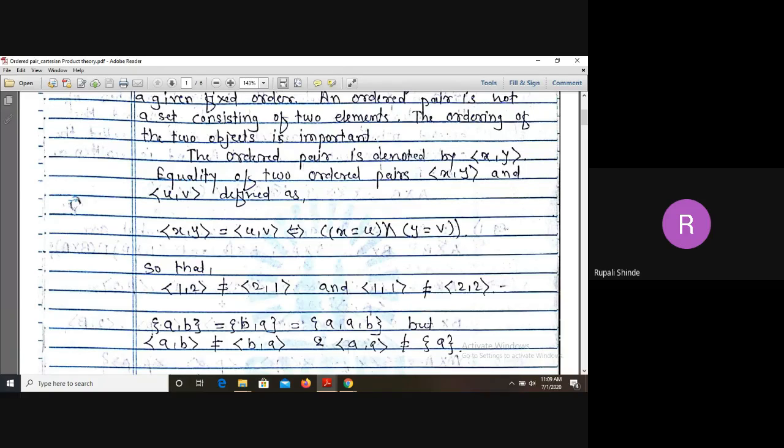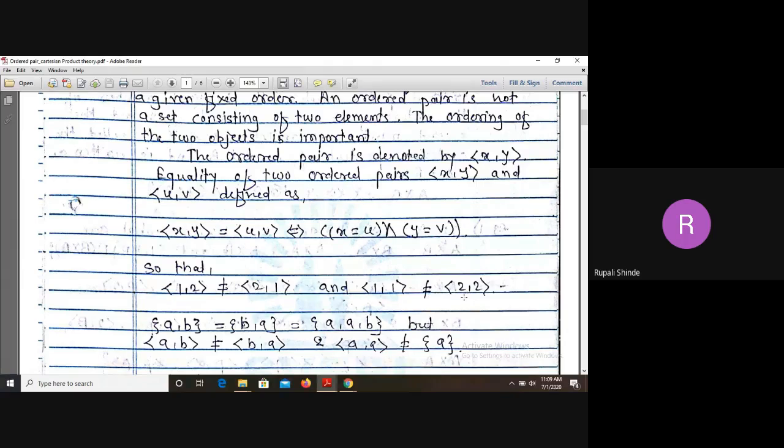That's why these two ordered pairs are not equal. Again, consider the second example, (1, 1) is the first ordered pair and the second one is (2, 2). So here neither are the elements the same nor is the ordering correct.